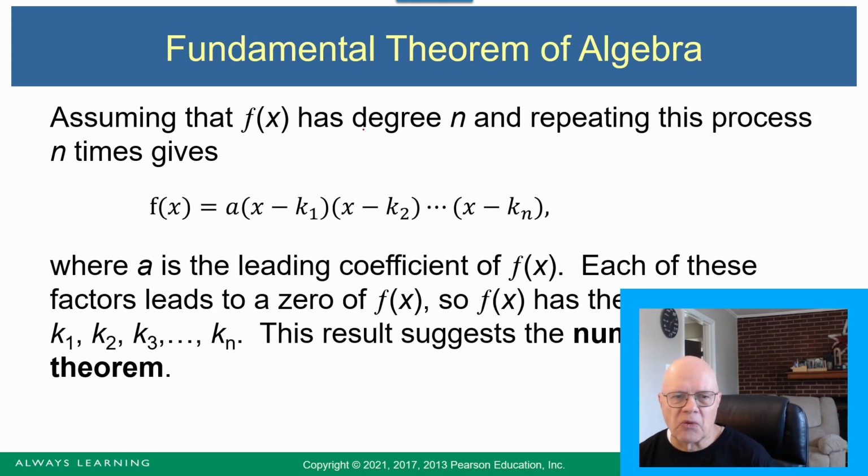So if you have degree n, that's a generic degree, could be 1, 2, 3, 4, anything really, repeating the process, there will be n of those factors because it's degree n.